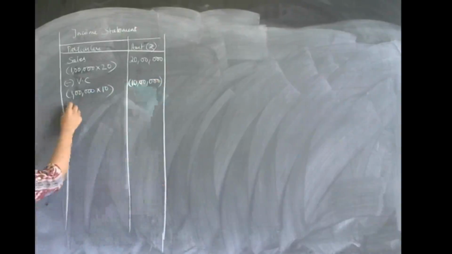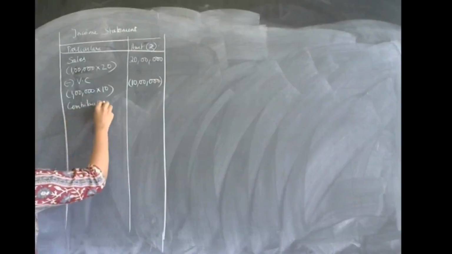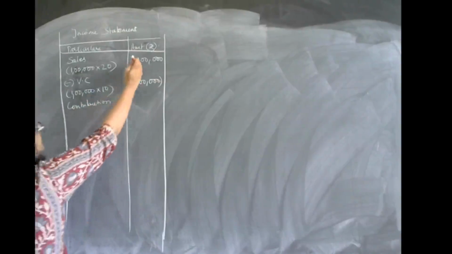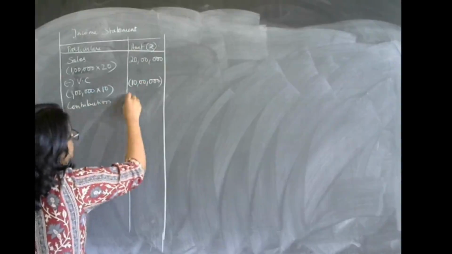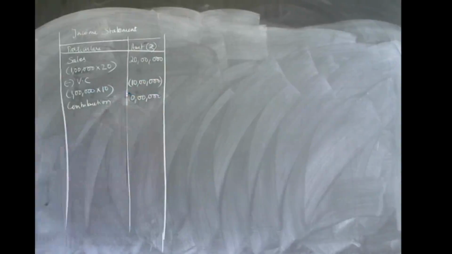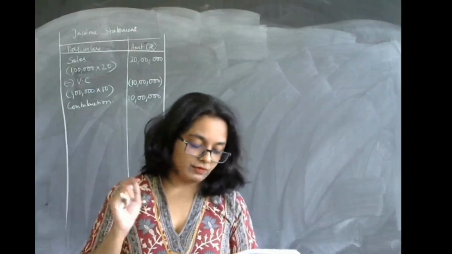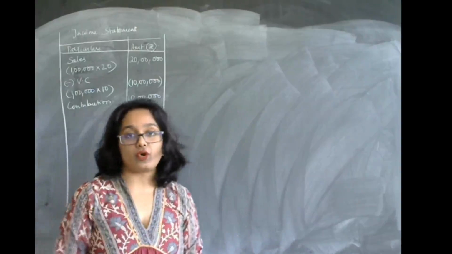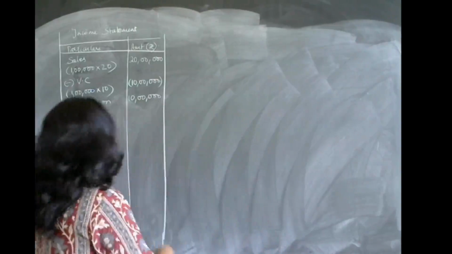Okay, so contribution is what? Contribution is sales minus variable cost, which is 20 lakhs minus 10 lakhs. So it is 10 lakhs. Okay, so that is the contribution. Now the next thing which we have to deduct is the fixed cost. Fixed cost they have given us as 2 lakhs.